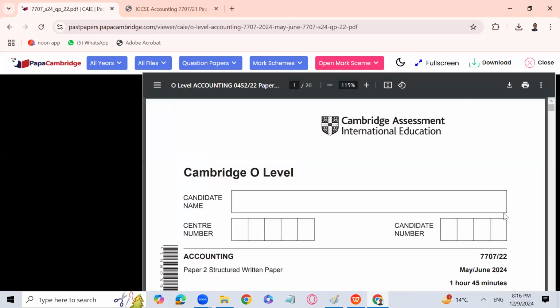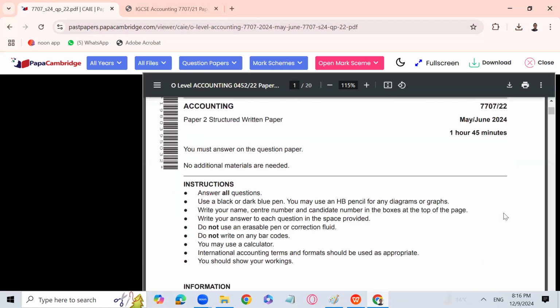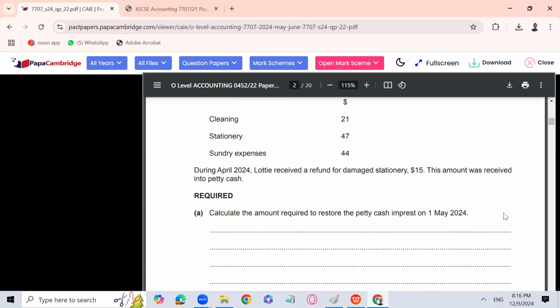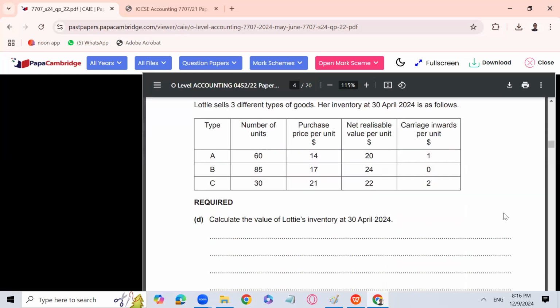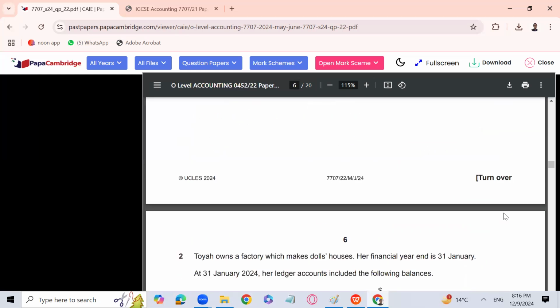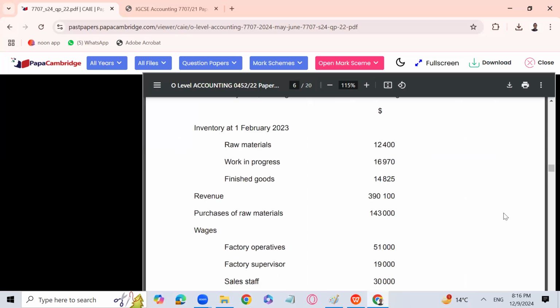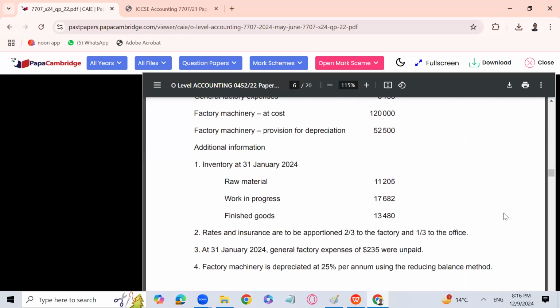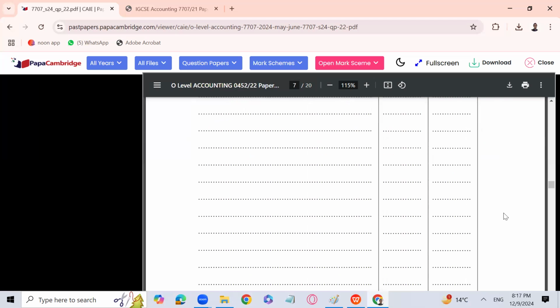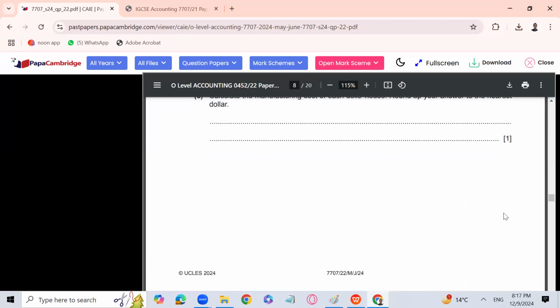I believe this is one of the easiest questions we have from company accounts in the past papers, as I discussed, because it involves the preparation of the balance sheet also along with the income statement. That's why the data was on the lower side, so it was not jumbled up.